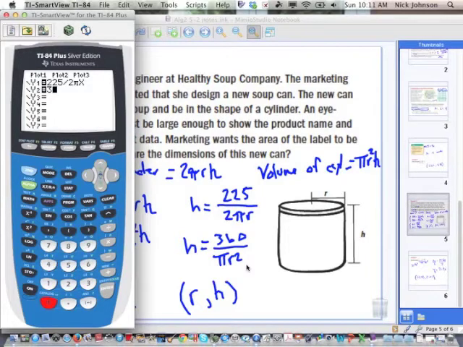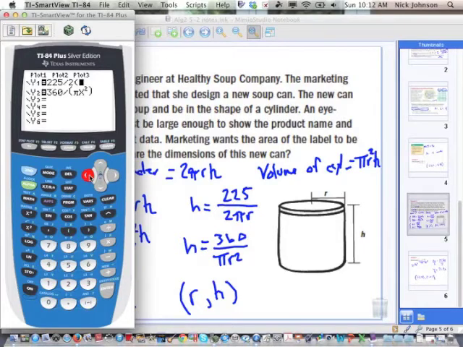So 360 divided by pi, and put parentheses around that, pi r, which is my x, squared, parentheses around that. And I'm just going to go up here, I'm going to put parentheses around my denominator there too, just to be safe. Oops.